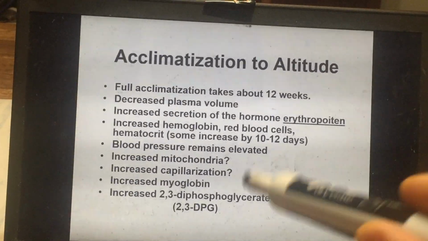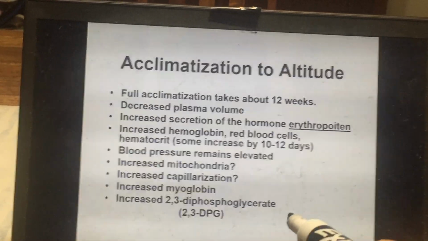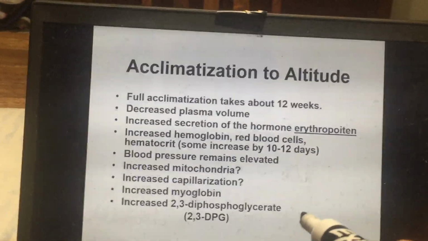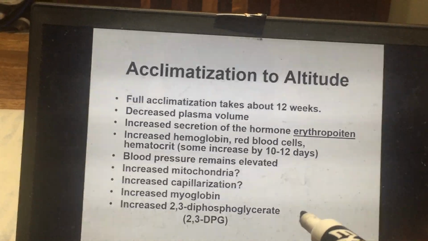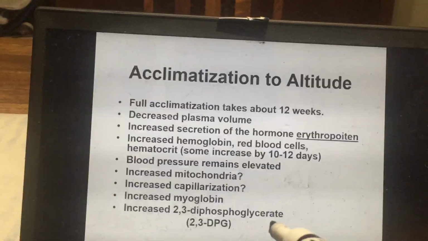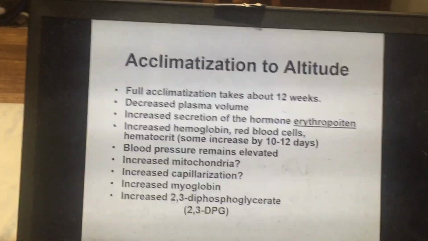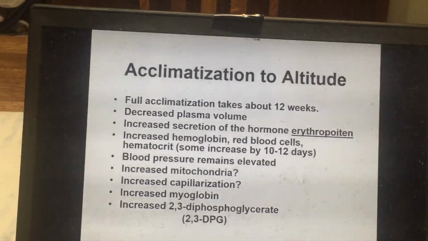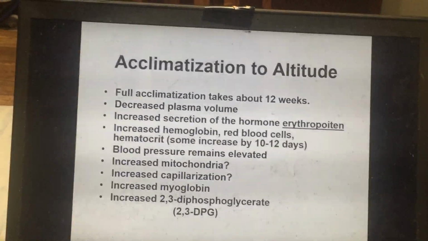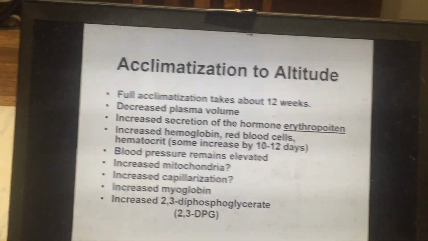You also get an increase in 2,3-diphosphoglycerate. This is a metabolite of glycolysis, and it is released from red blood cells at altitude. So if you have an increase in red blood cell production, you get an increase in this metabolite that's released from red blood cells. Red blood cells strictly rely on glycolysis, so when their activity increases at altitude, you get an increase in release of this metabolite.